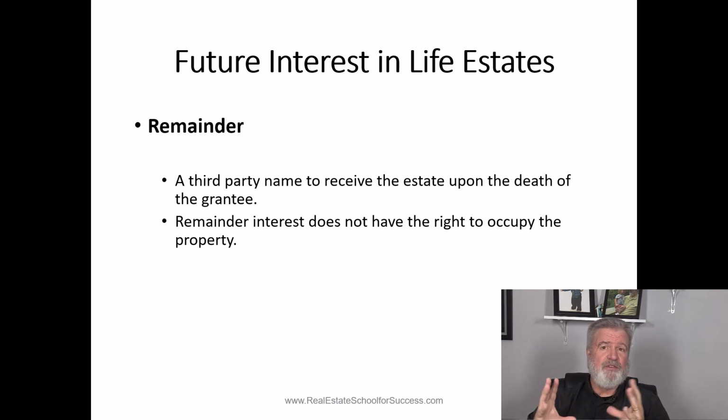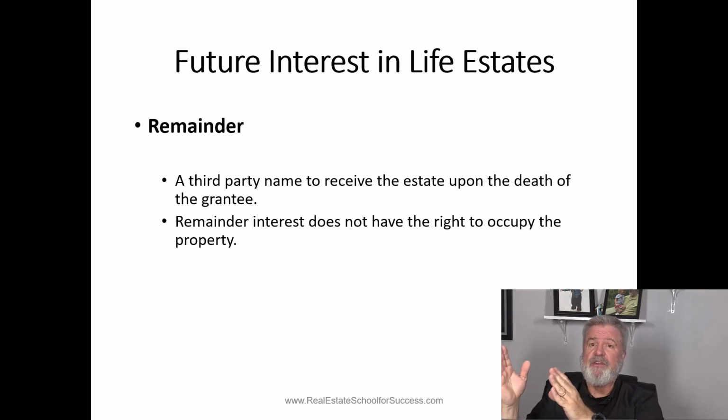But here's why this is a big deal, and you really need to understand this. We know the remainder man is someone with remainder interest. Means they will receive the property one day in the future, and that'll be whatever day the life tenant dies. Well, is it possible the remainder man does not like how the life tenant is taking care of the property? Maybe they're not maintaining the property at all.